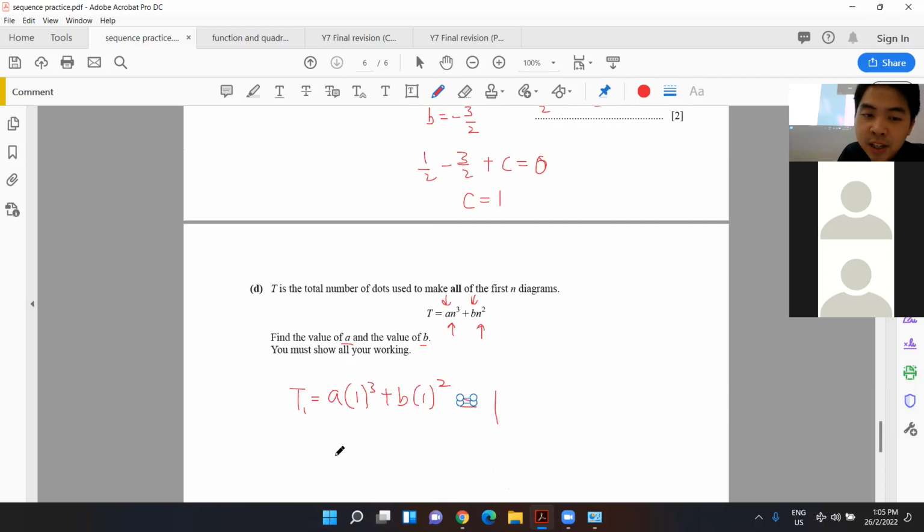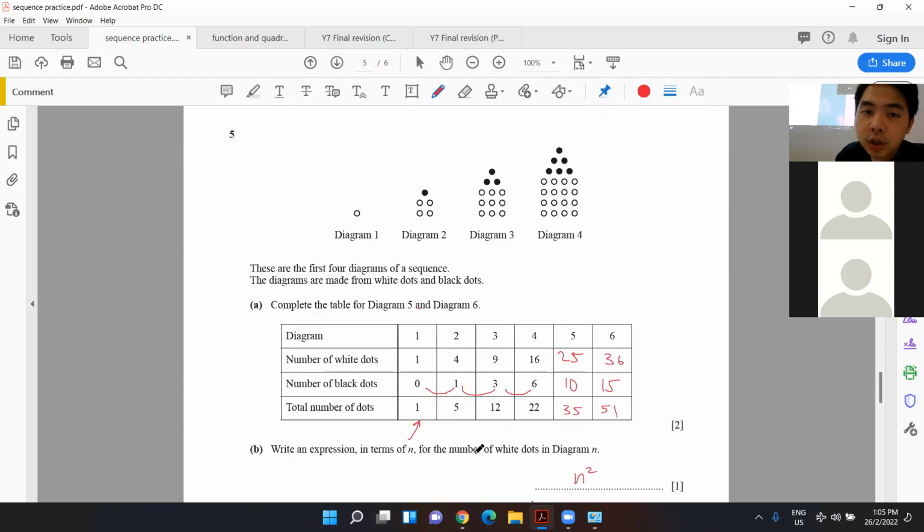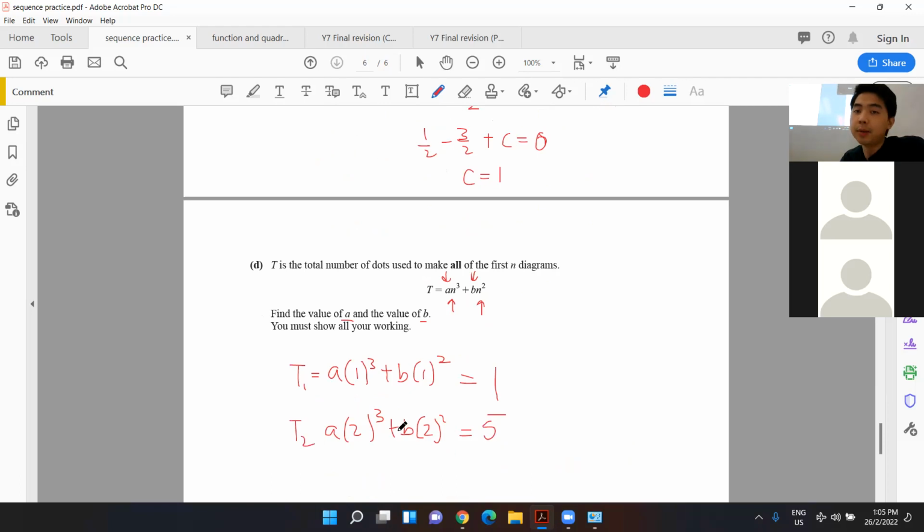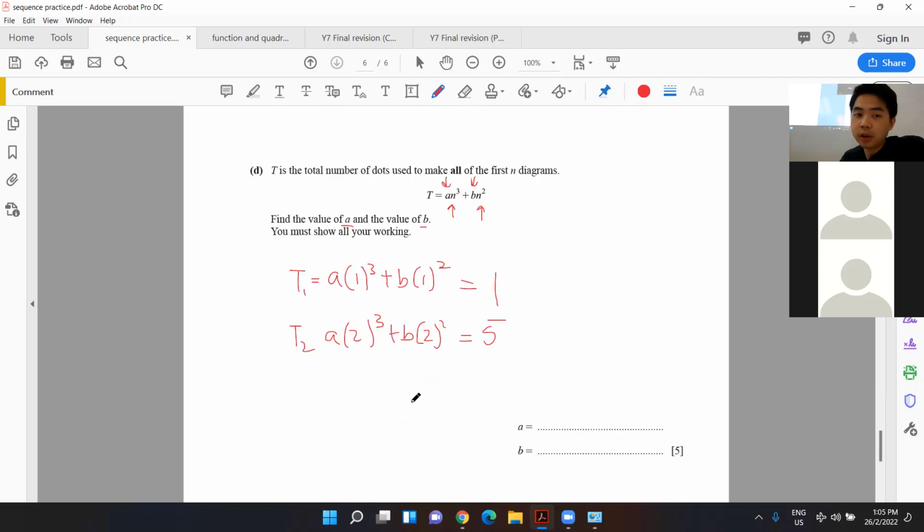The second one, a times 2 cubed plus b times 2 squared, equals 5, so 8a plus 4b equals 5.